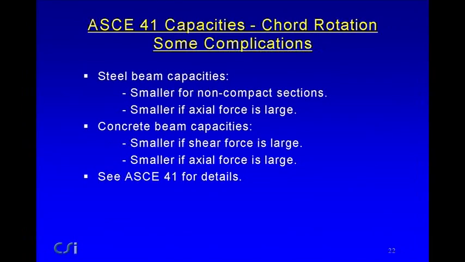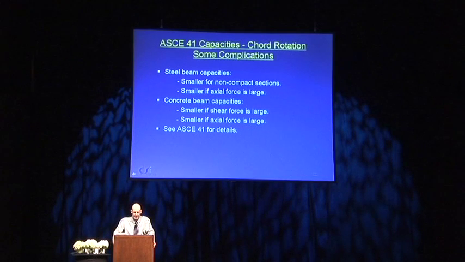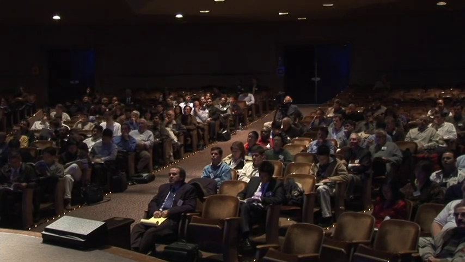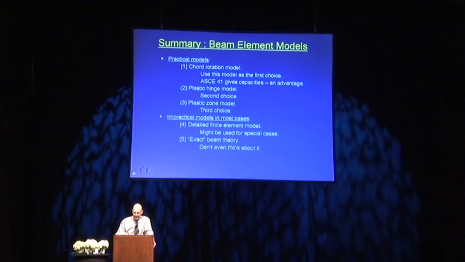So the rotation capacity can depend on the axial force. Large compression axial force, smaller rotation capacity. Concrete beam, smaller if the shear force is large, and also if the axial force is large. So the rotation capacity for a concrete beam hinge can depend on both the shear force and the axial force. And I'll refer you to ASCE 41 for details.